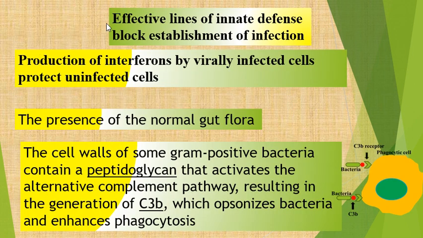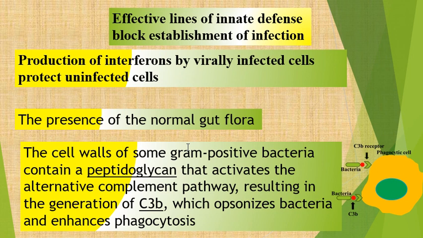As I mentioned, production of interferons by virally infected cells protects uninfected cells, and this is a very effective line of innate defense. Also, the presence of the normal gut flora is one of the lines of innate defense.